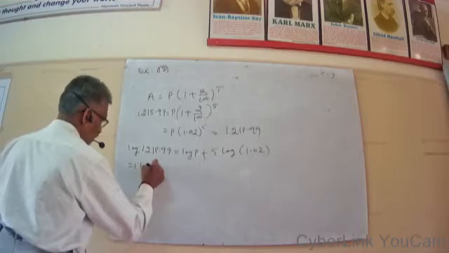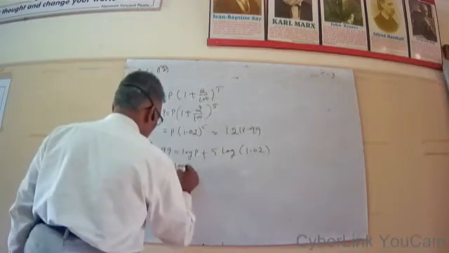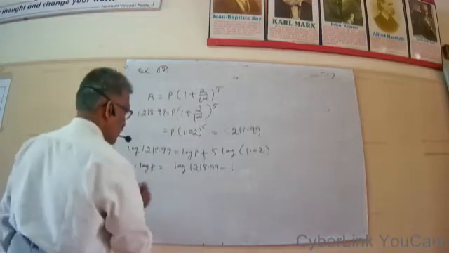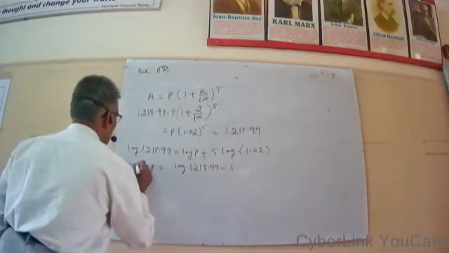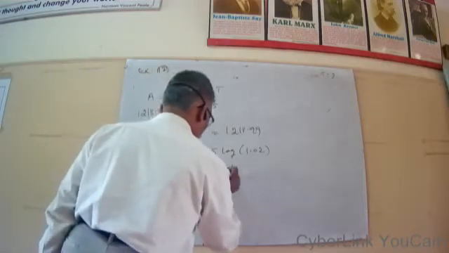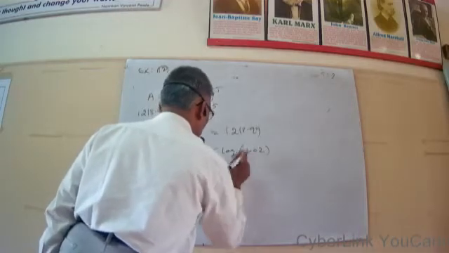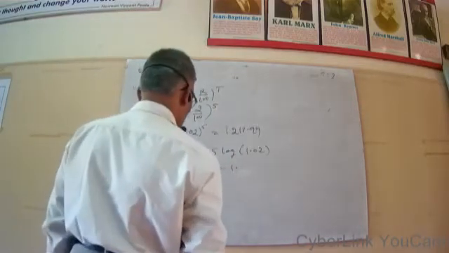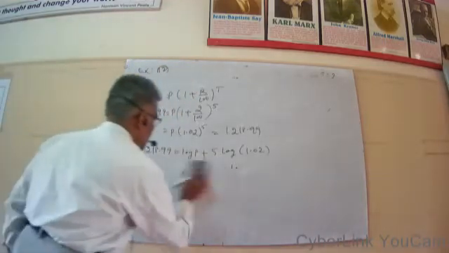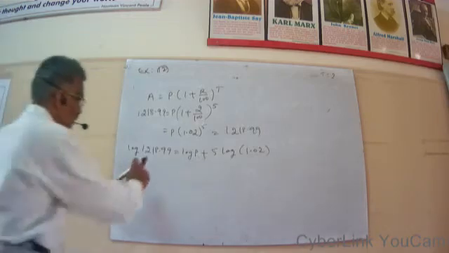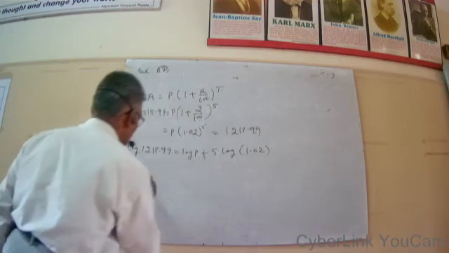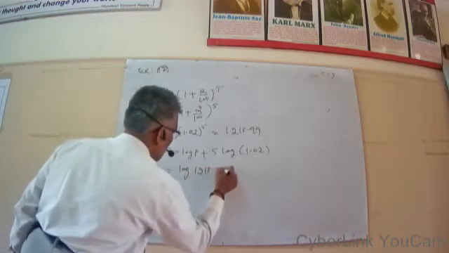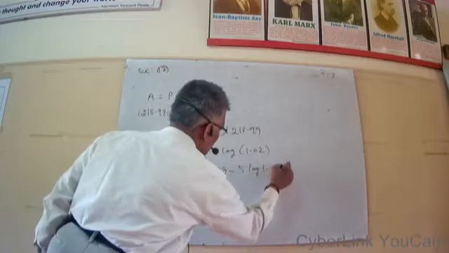This implies log of P equal to log of 1218.99 minus 5 into log of 1.02.